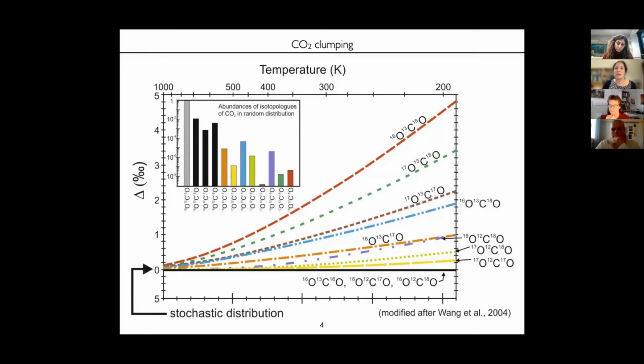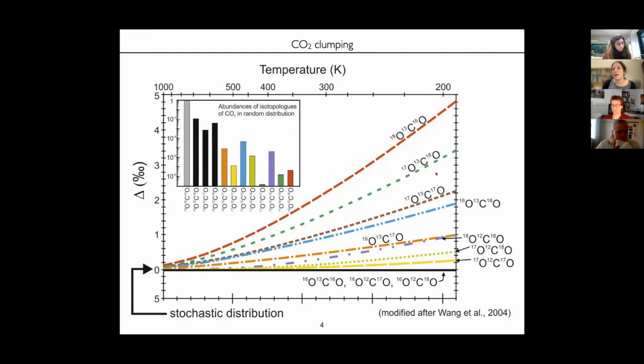In the case of CO2, you have different versions of multiply substituted isotopologues. You have the most extreme case, where you have a CO2 molecule that contains just rare isotopes, so 13C, 18O, and 18O. The overabundance of this species is hugely temperature dependent.